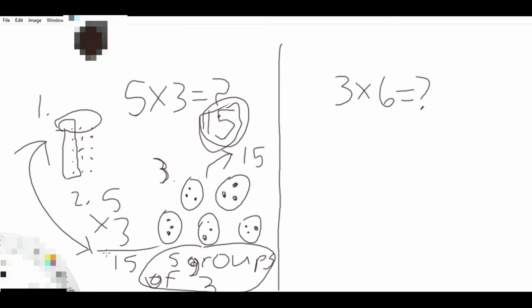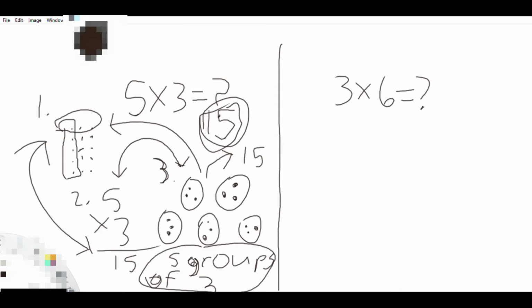You could also do it with this drawing strategy.